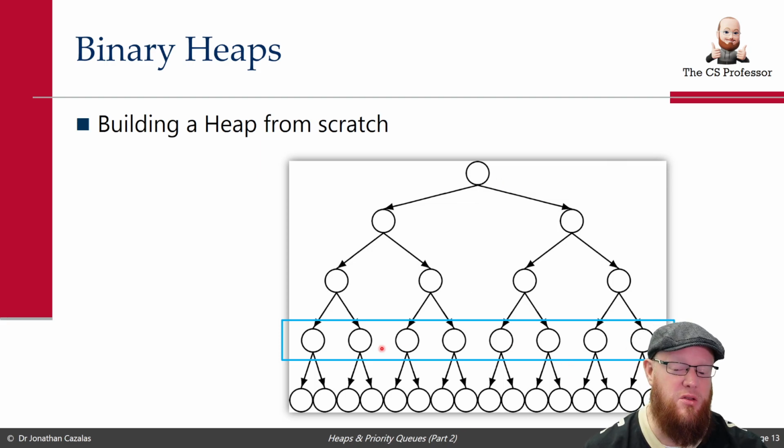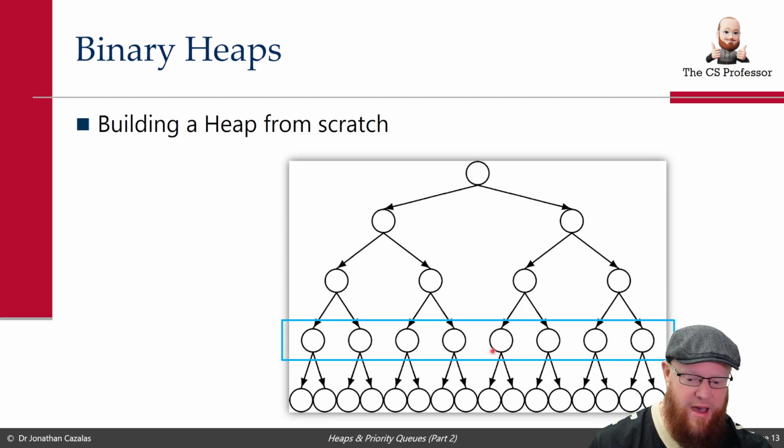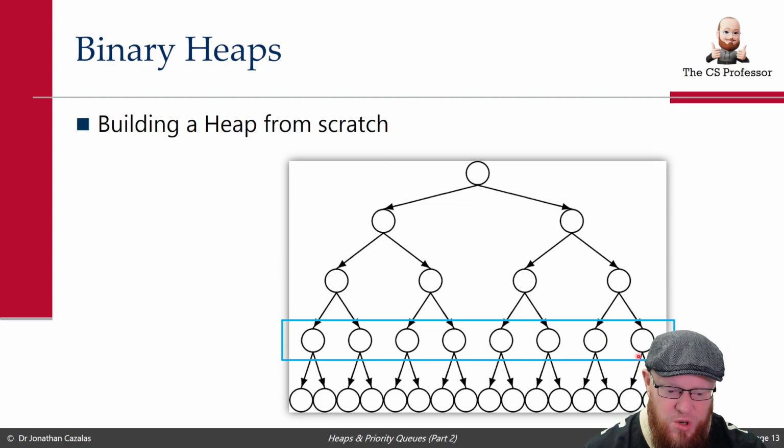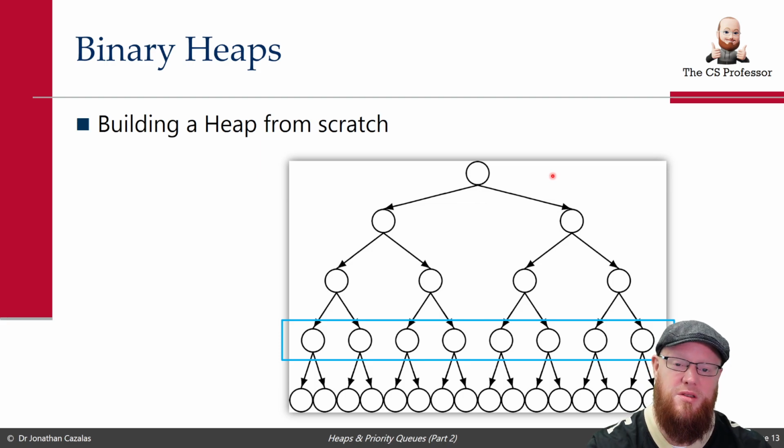So how many nodes does this represent of your tree? If the last level was half of the nodes in the tree, what is this level? Just think about it. If this whole thing is half, then what is that last level of this portion of the tree? What is the number of nodes within that blue rectangle?